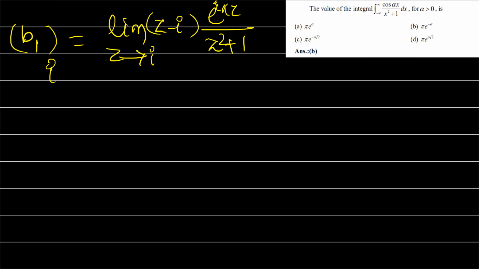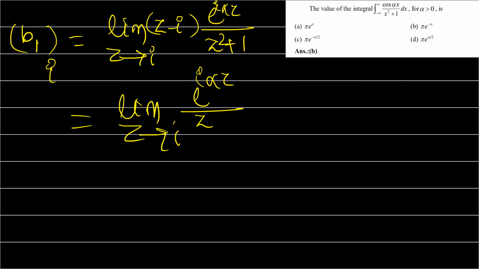So this will be the limit as z tends to I of e to the power I alpha z divided by z plus I. It will become e to the power minus alpha divided by 2I. This is the residue.